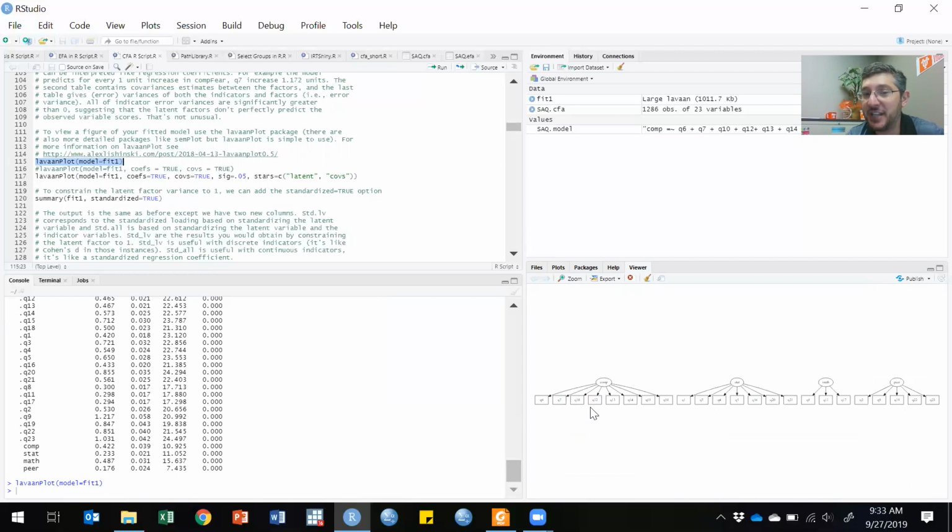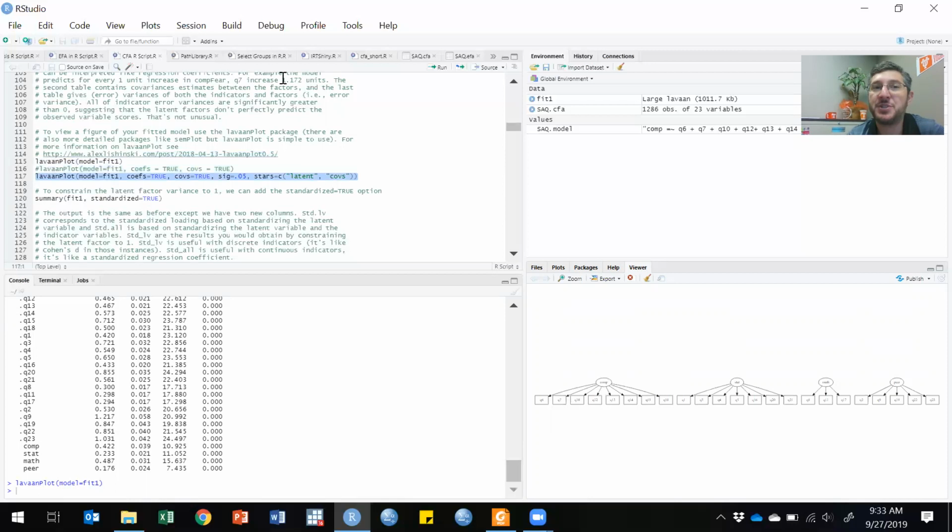You can notice that, by convention, we usually use ovals or circles to represent latent constructs and rectangles or squares to represent observed variables. When the arrow is pointing from the latent construct to the observed variable, it shows that the observed variables are being manifested by this latent construct.